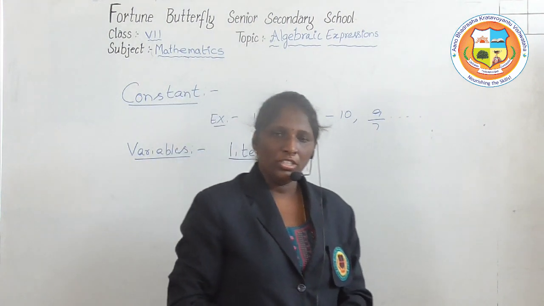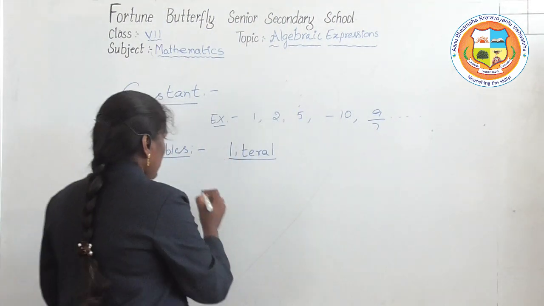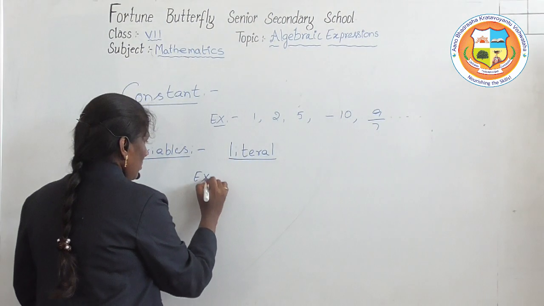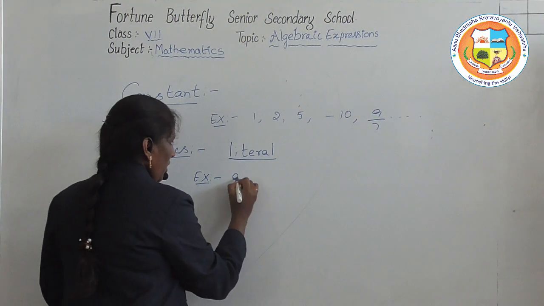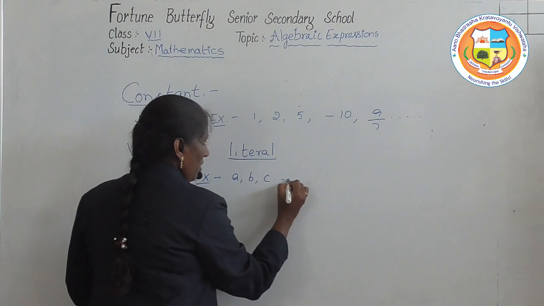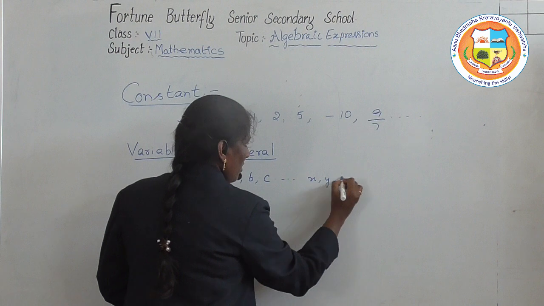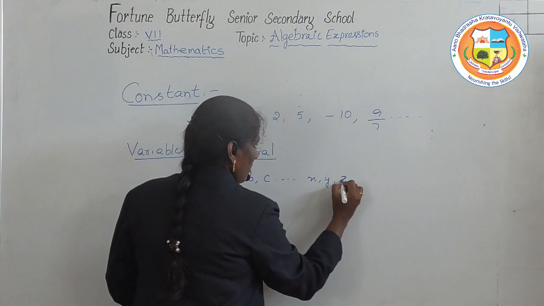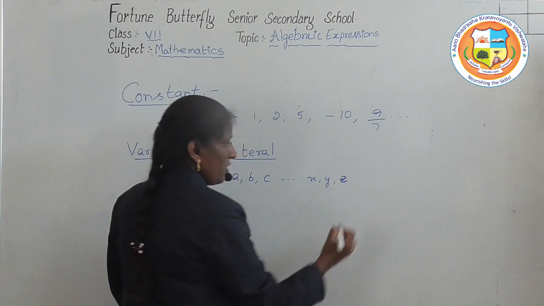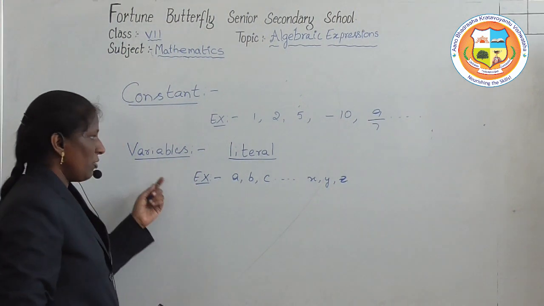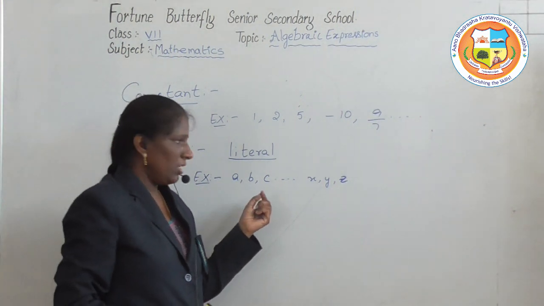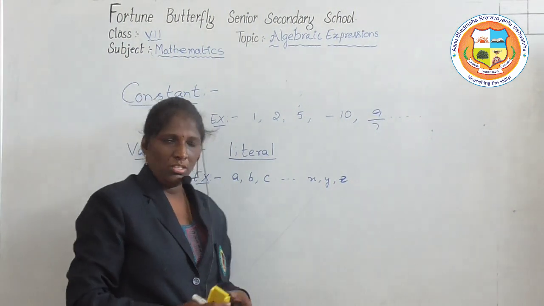Variables are represented in lowercase letters. For example, a, b, c, and so on, x, y, z.